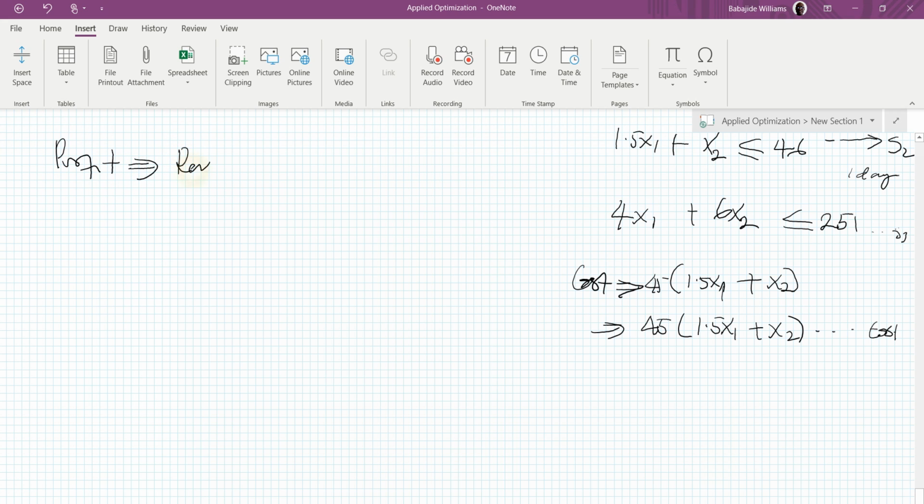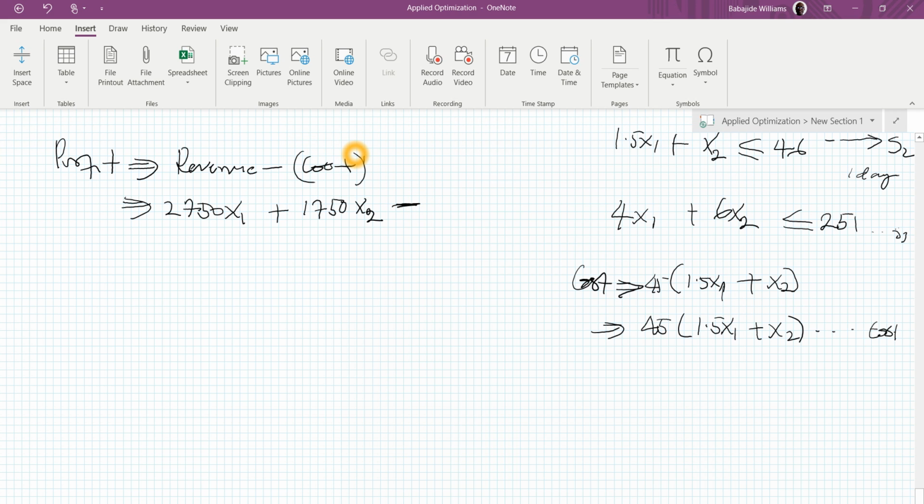So I'm going to say revenue minus cost. My revenue is everything stated above, 2750x1 plus 1750x2, minus the cost.